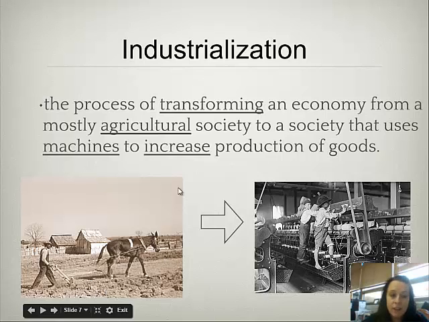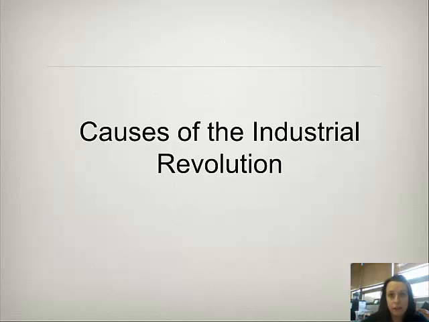They need less farmers because they have new technologies. So these farmers are moving from the farm where they used to work, and they're moving to the cities to work in this big industry or these factories where goods are made and mass produced with assembly lines and new machinery. So some causes of the Industrial Revolution.